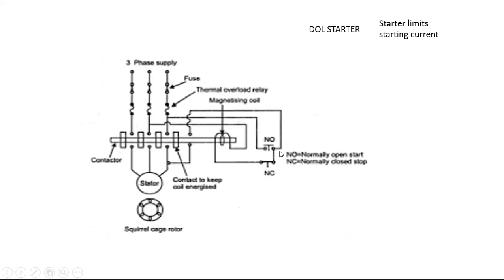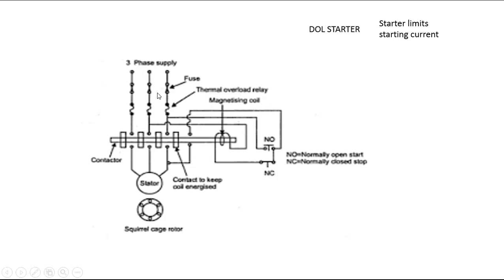The DOL starter practically contains a normally open switch and a normally closed switch. In order to start the induction motor, the normally open switch is pressed mechanically. As a result, current flows from the supply to the magnetizing coil. You can see the connection here.